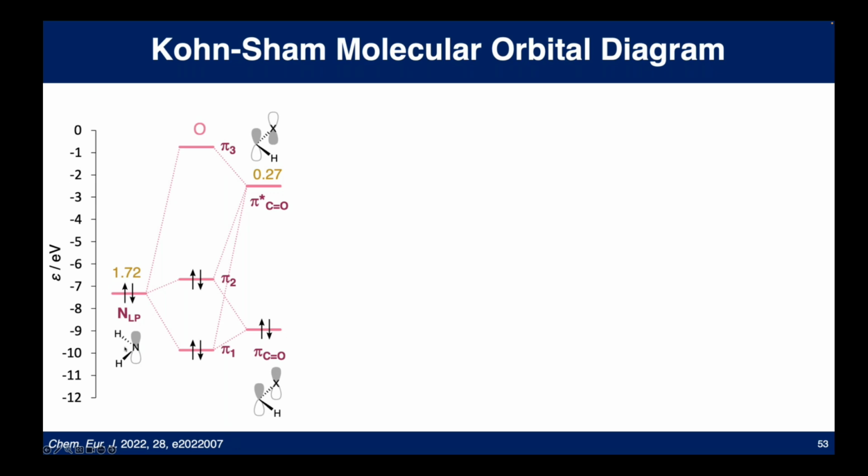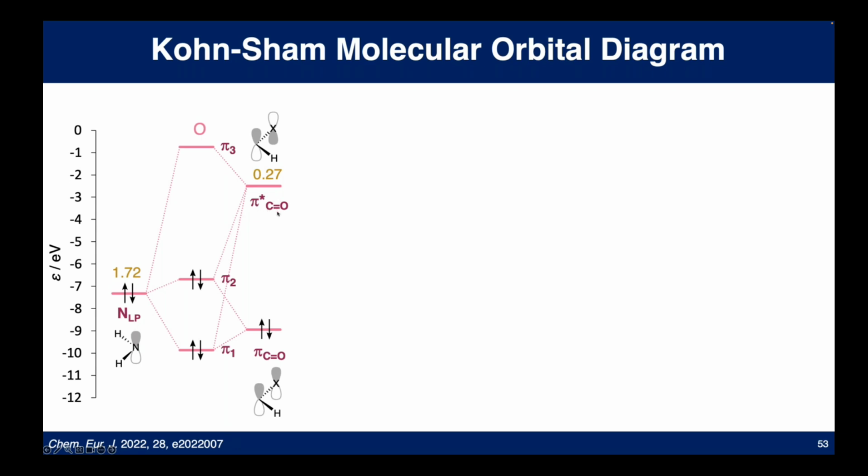You also form the sigma bond, but as this does not lead to charge depletion differences on the NH2 group, we do not focus on that. We focus only on the pi system. And we have the lone pair on the nitrogen atom that can donate electronic density towards the pi star of the CO.